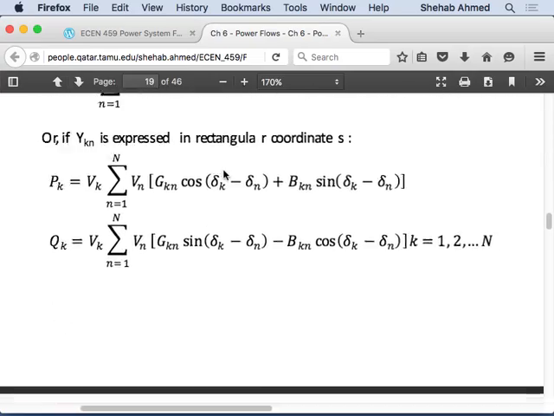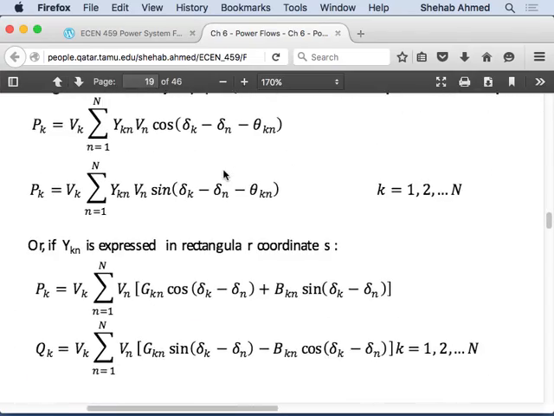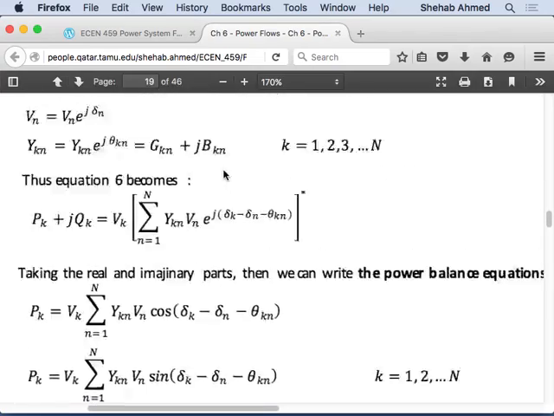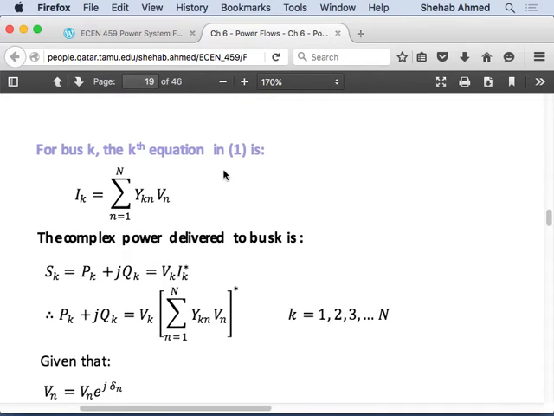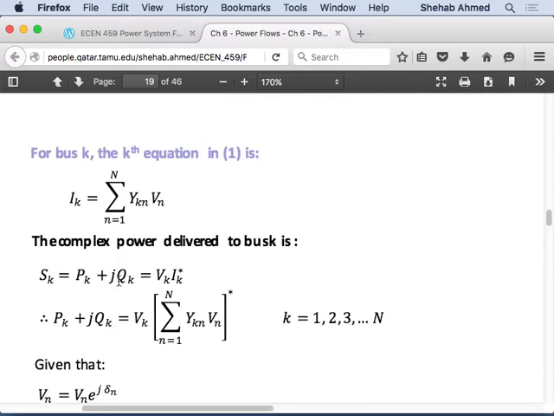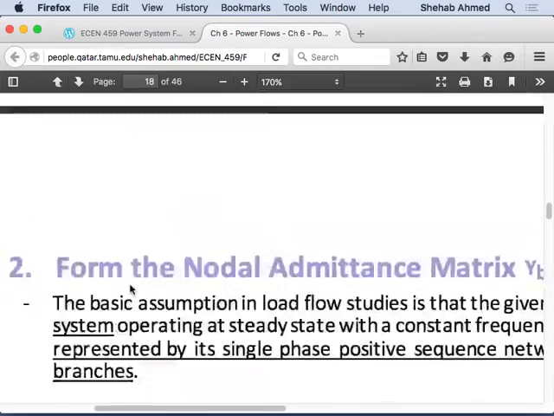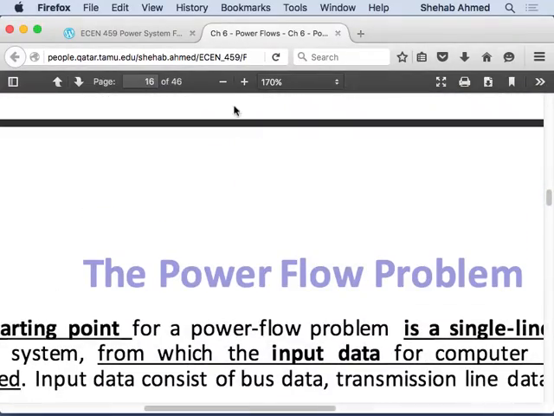So what we've done is the following. We started off with our real and reactive power equation known at every bus.